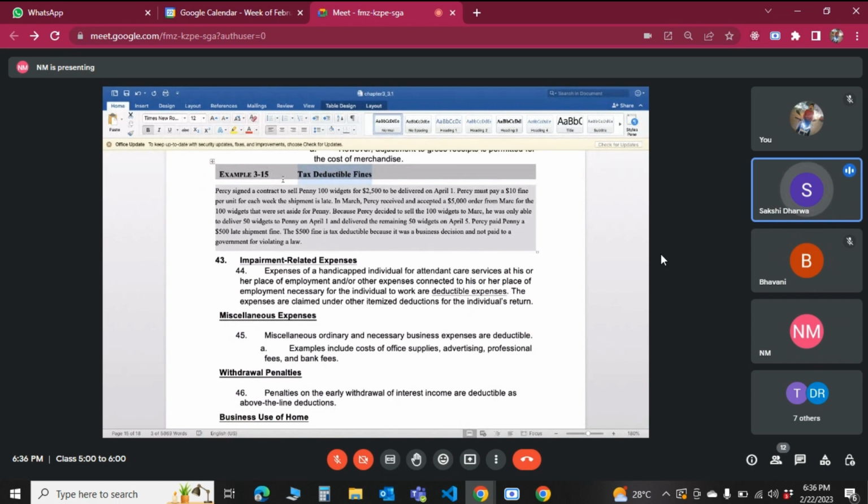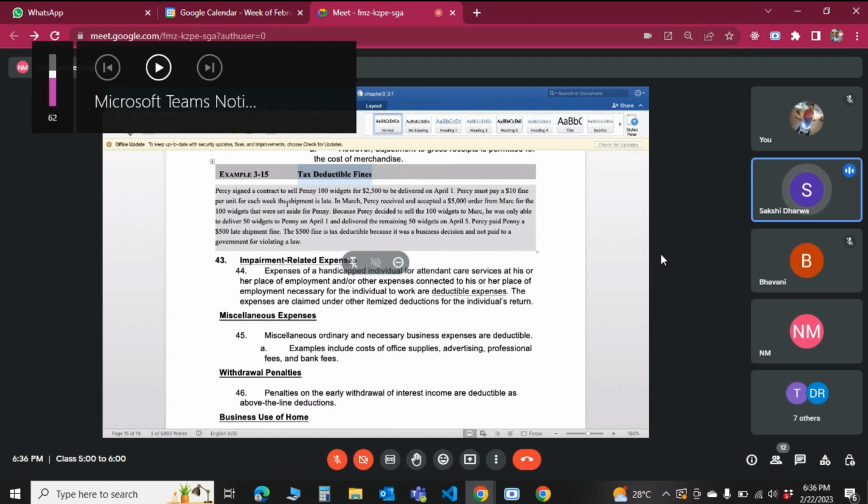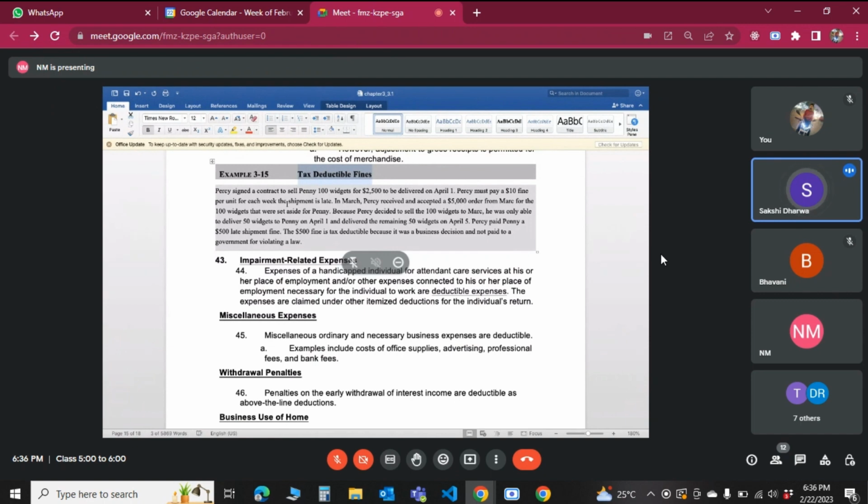Percy signed the contract to sell Penny 100 widgets for $2,500 to be delivered on April 1. Percy must pay a $10 fine per unit for each week the shipment is late. In March, Percy received and accepted a $5,000 order from Mark for the 100 widgets that was set aside for Penny.